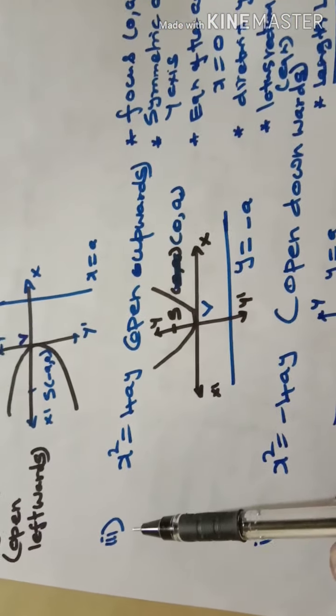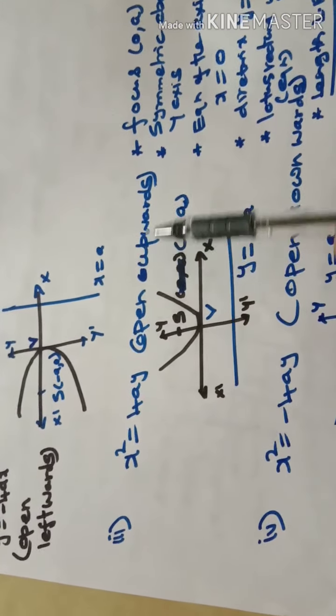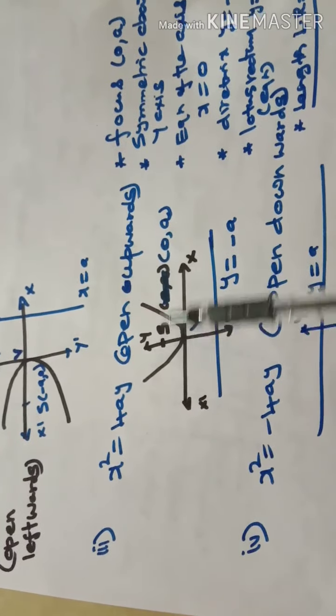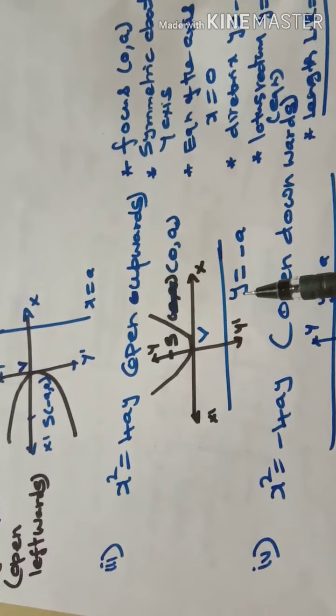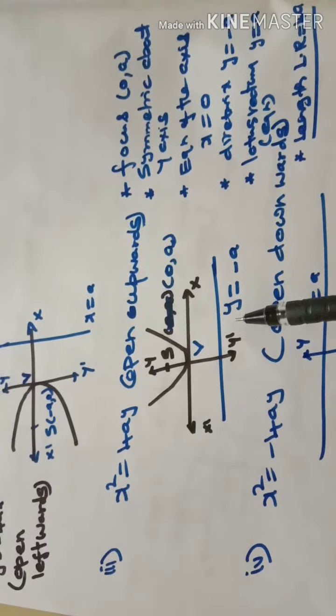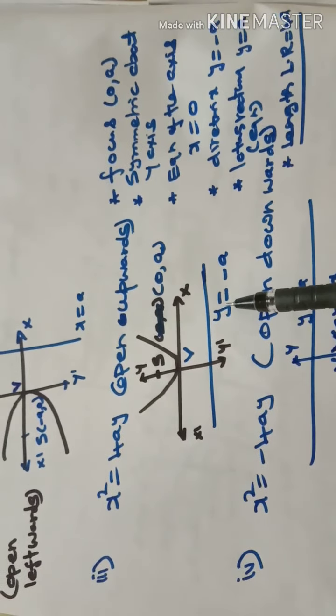So then the third type is x square is equal to 4ay, open upwards. Here the focus will be 0 comma a. Directrix is what? y is equal to minus a, because it is on the negative side of the y-axis. Correct?